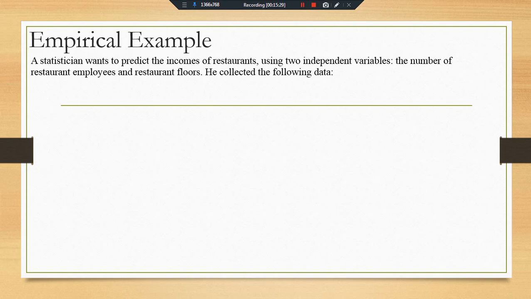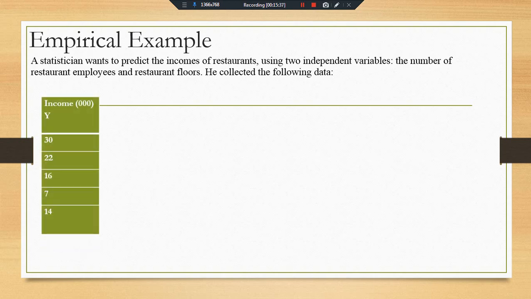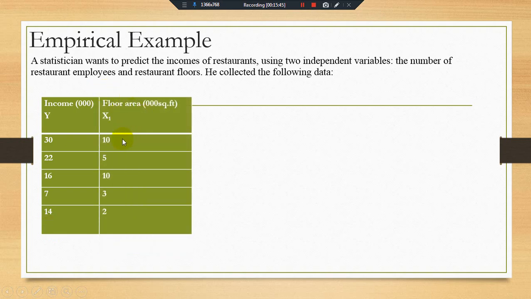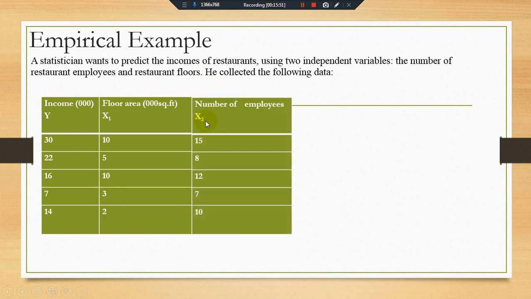He collected the following data: income y is 30, 22, 16, 7 and 14, floor area x1 is 10, 5, 10, 3 and 2, and the number of employees x2 is 15, 8, 12, 7 and 10.